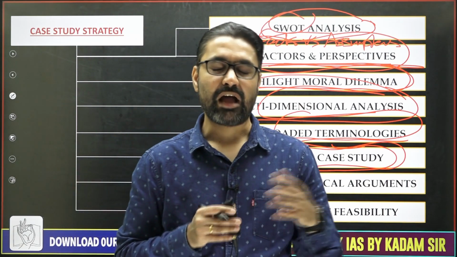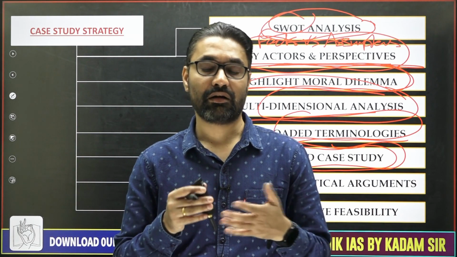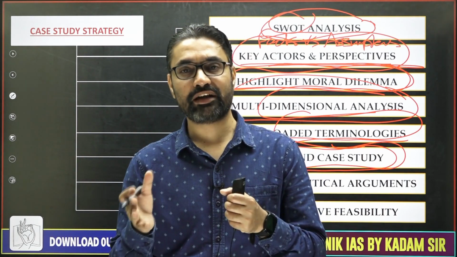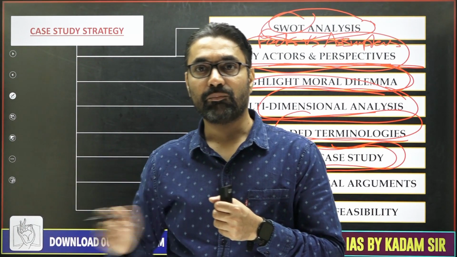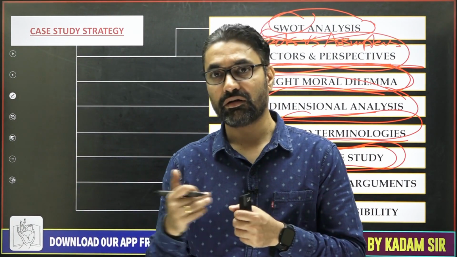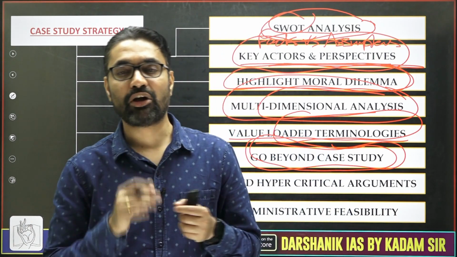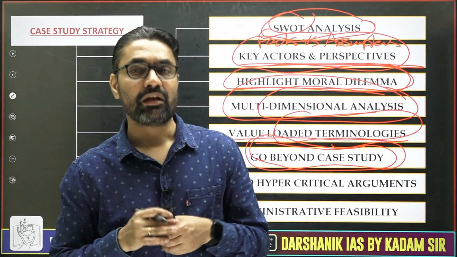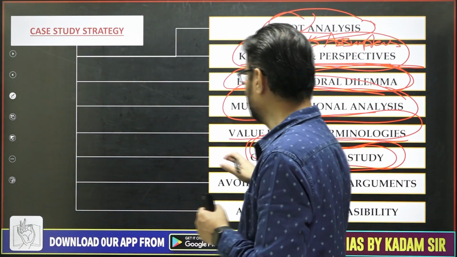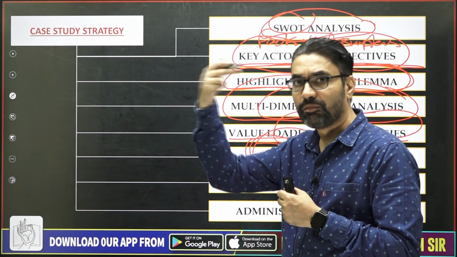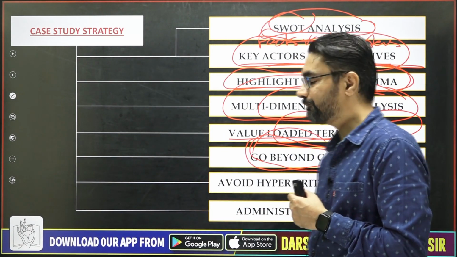Ask these states to cooperate with you and explain your points to them. If you manage to get their cooperation, you can declare the border area of 10 kilometers as a buffer zone where drinking or sale of alcohol will not be allowed. So these are the kinds of policies you can come up with by going a little beyond the case study and coming up with innovative solutions.